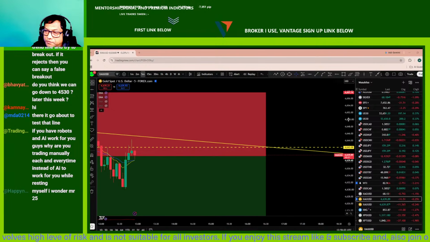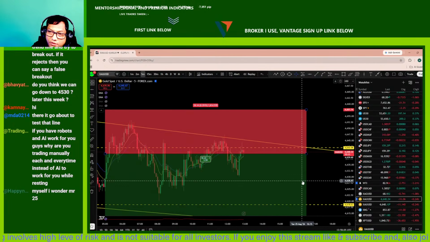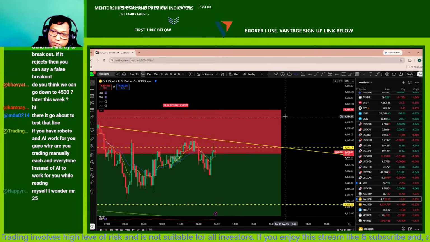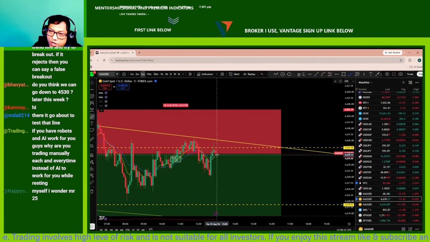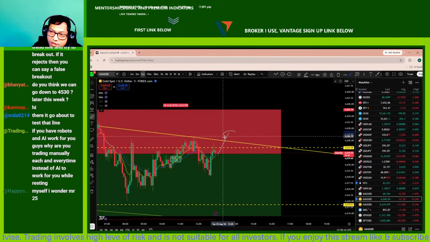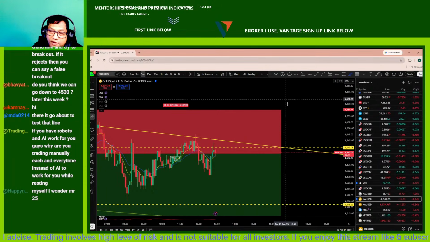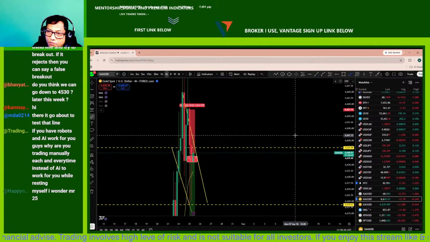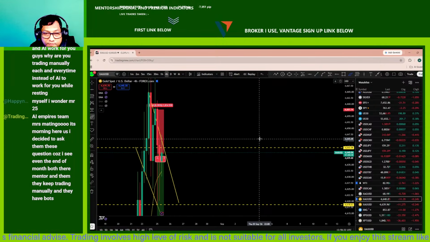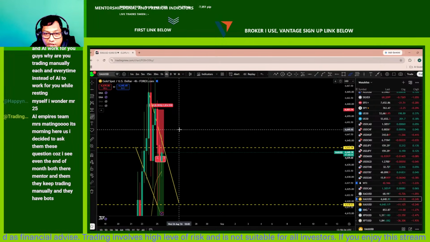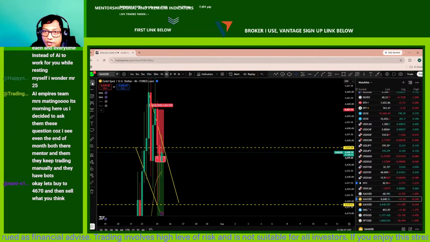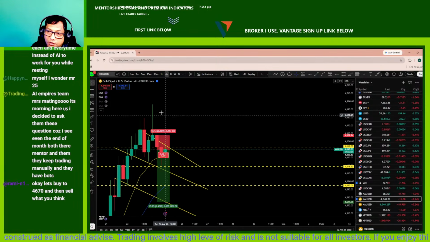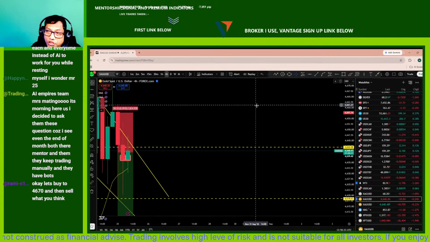Okay, now at this level we see there is a breakup structure. From this breakup structure, what we are looking at here is for it to break the trend line and sell off from that level, because the overall trend, if you look at it, is long-term bullish.